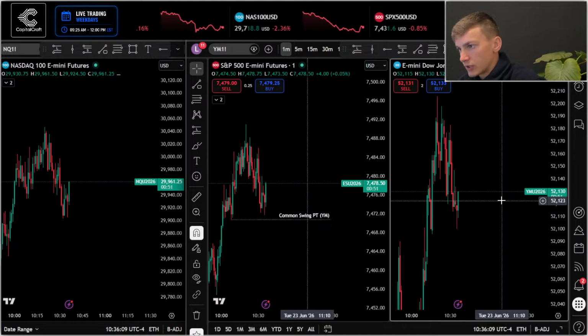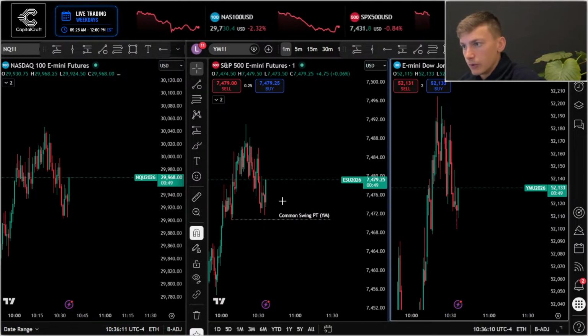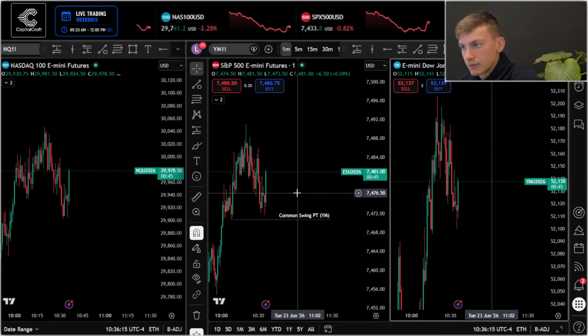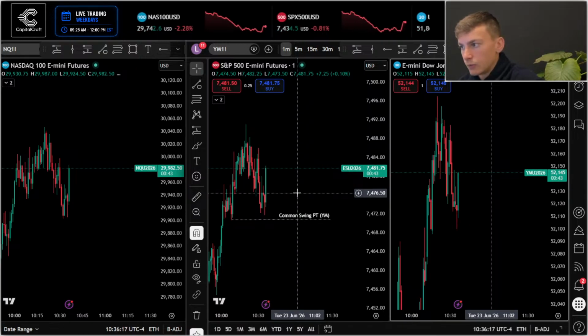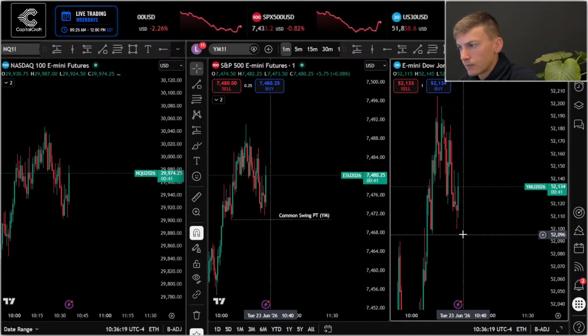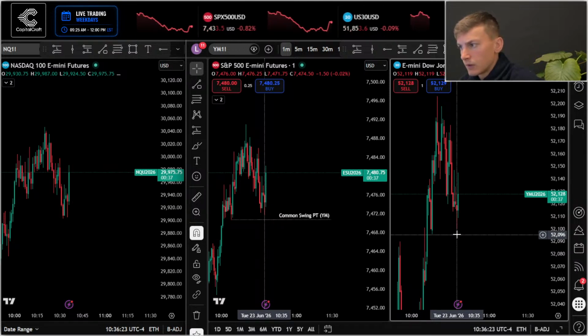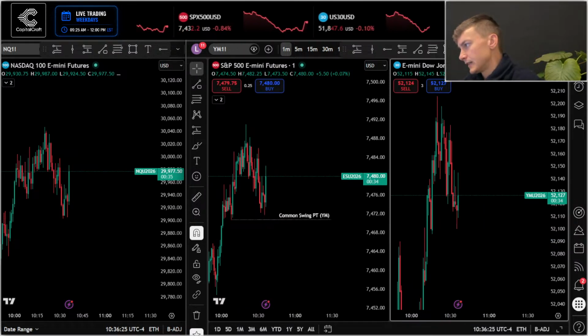That could very well be our change in standard delivery. So what we're going to do is go ahead and plot out this specific point. It would be between the Nasdaq and the Dow here.